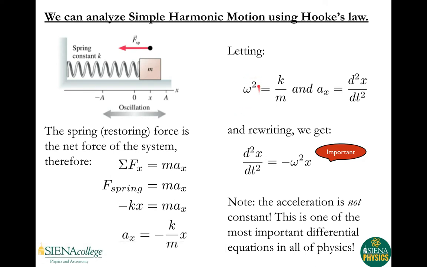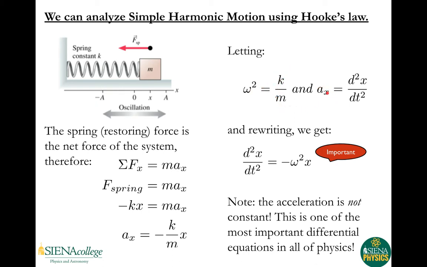We're going to say that omega squared, so remember omega is the angular frequency. It's related to the other frequency just with a factor of 2 pi, because omega is in terms of radians per second, frequency f is in cycles per second, and there's 2 pi radians per cycle. So we're going to say omega squared is k over m.